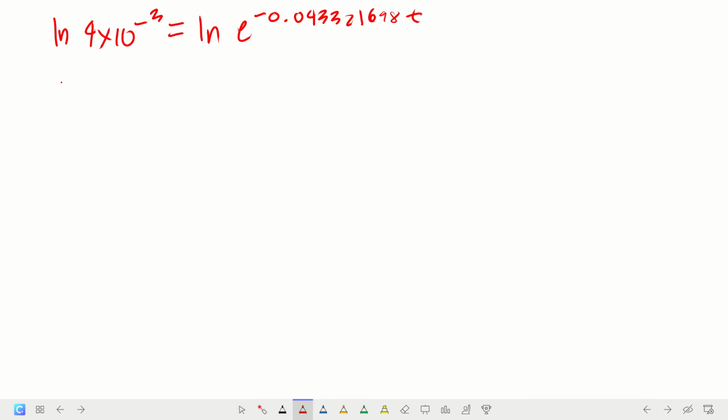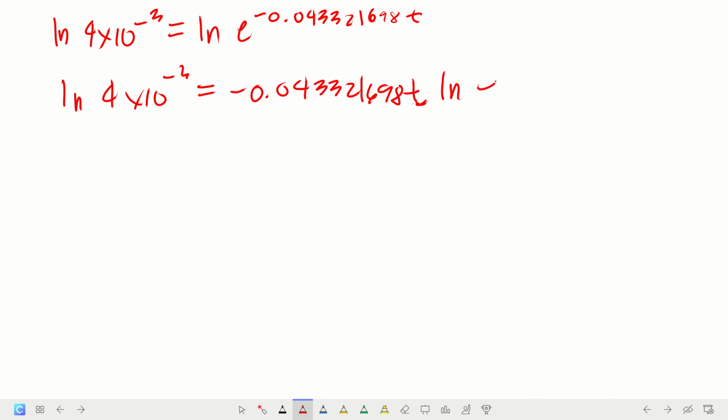So expanding this, we have natural logarithm of 4 times 10 raised to negative 3 is equal to negative 0.04332168 times t times the natural logarithm of e.